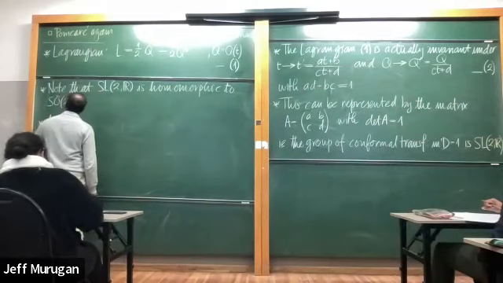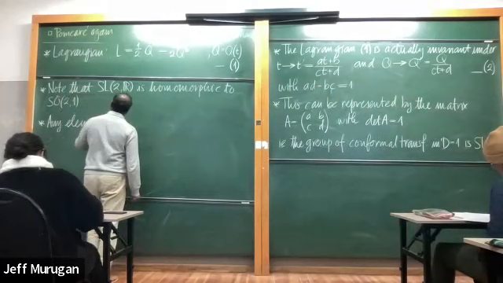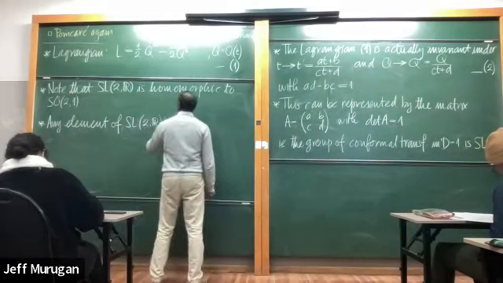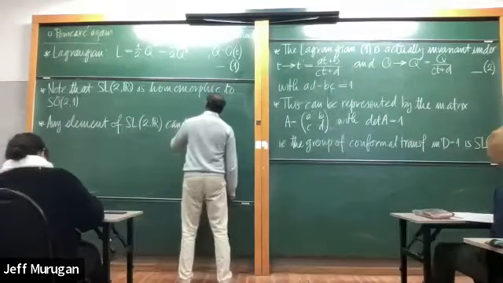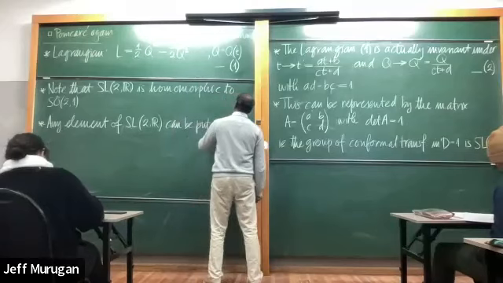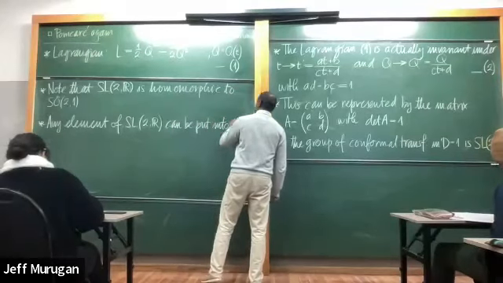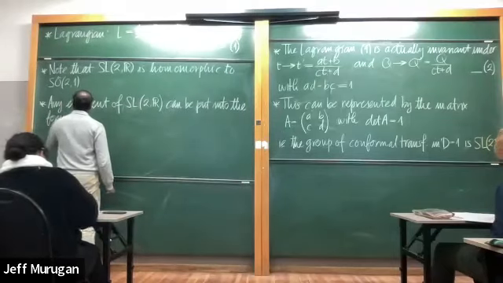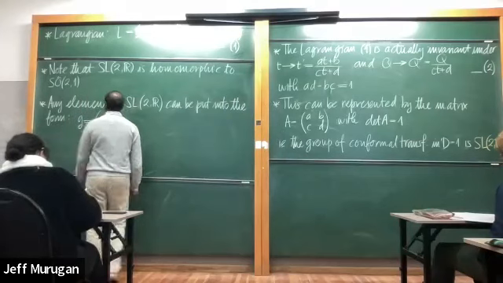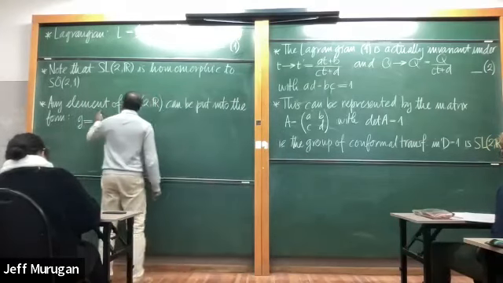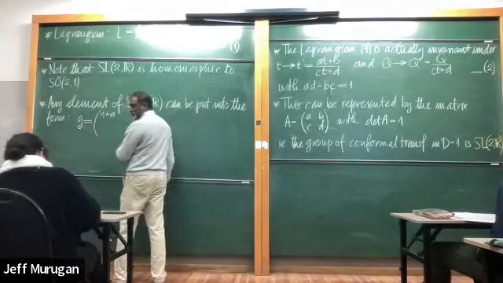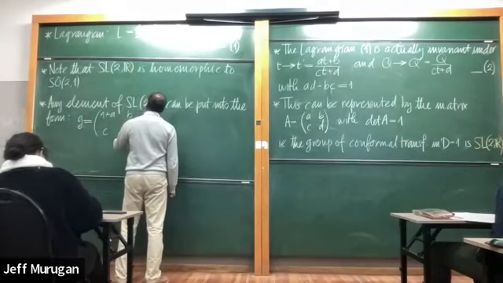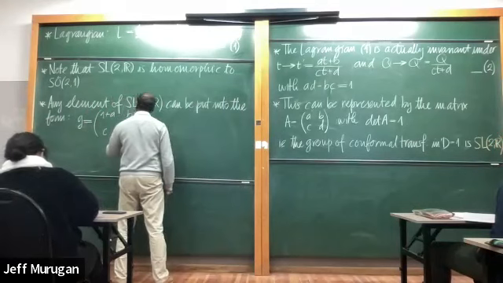Any element of SL2R can be put into the form, let's say G. G will take the form 1 plus A, B, C, and (1 plus BC) over (1 plus A).